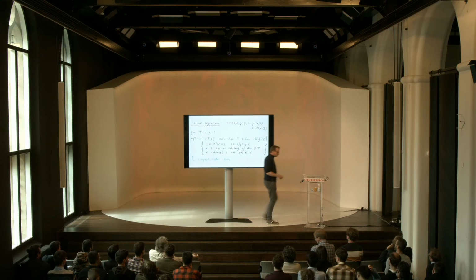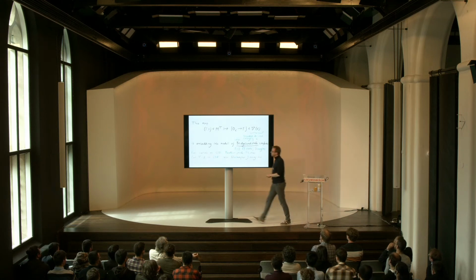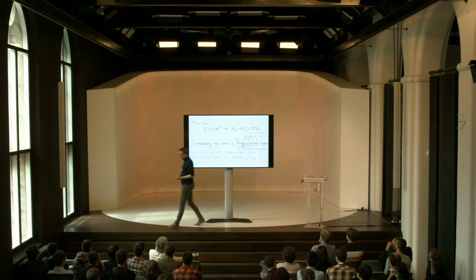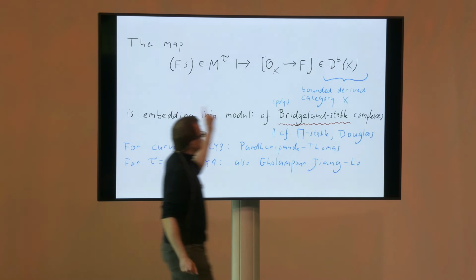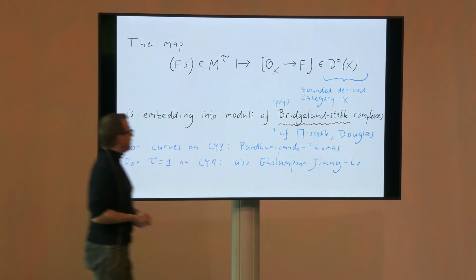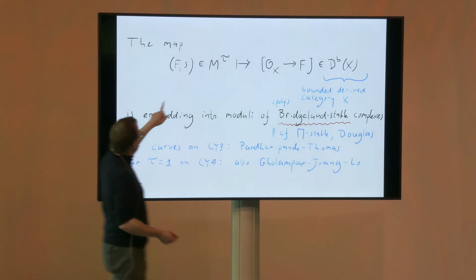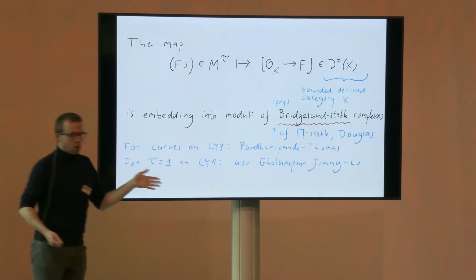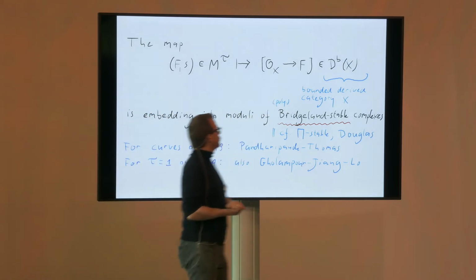But what we can also do is the following. So if we have a pair in one of these 3 pair moduli spaces, we can also associate to it a 2-term complex in the bounded derived category of the Calabi-Yau fourfold. Namely, we view the section as a map from O to F. So this goes from pairs to two-term complexes.